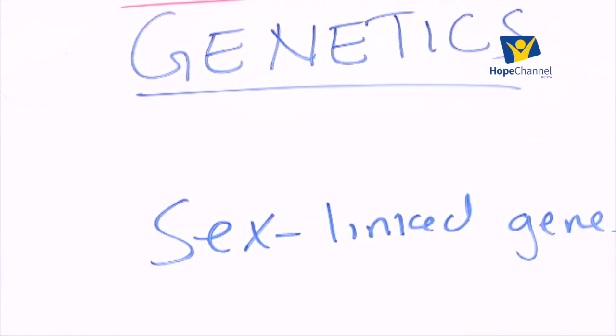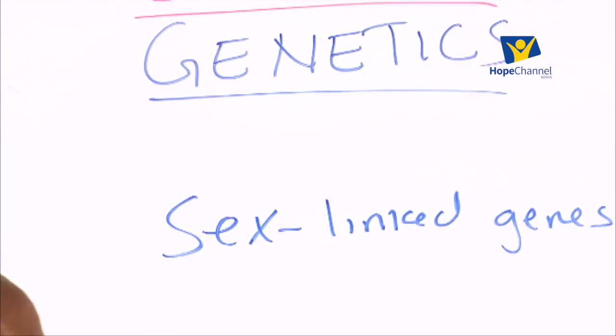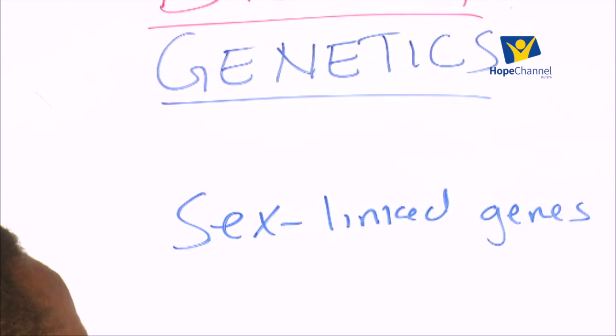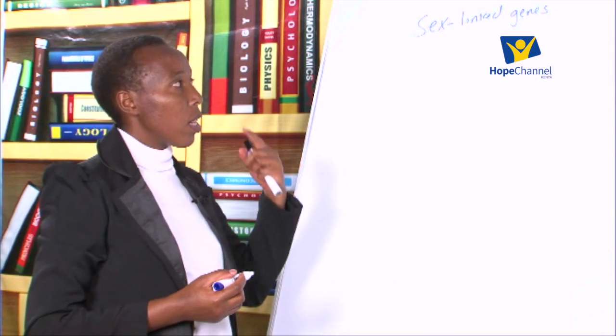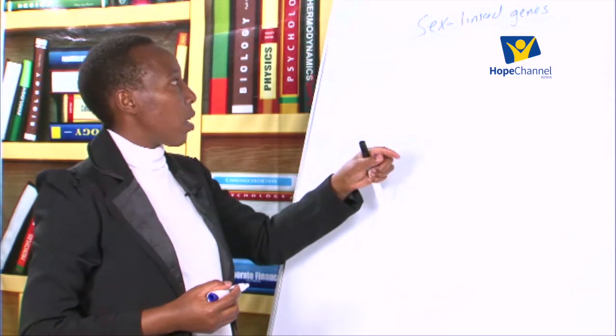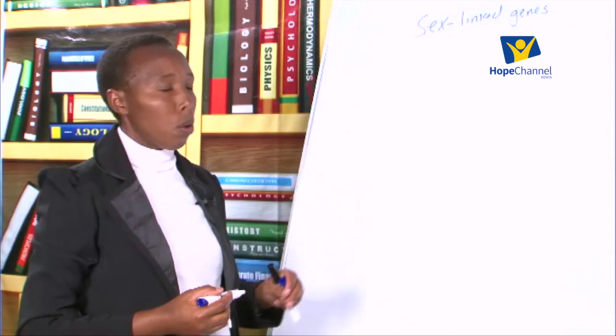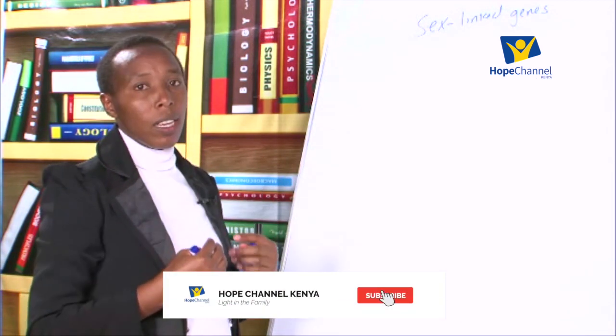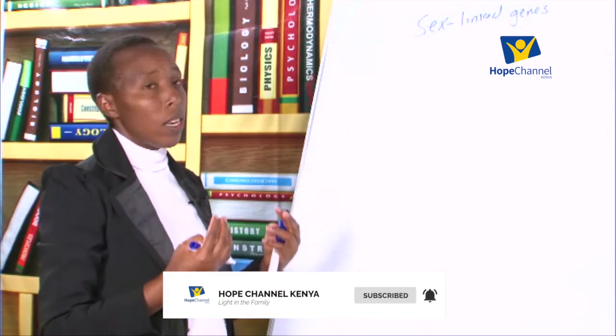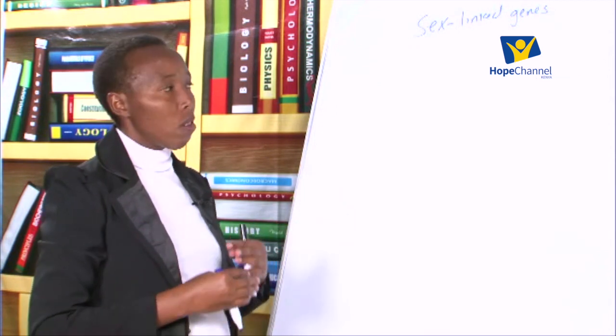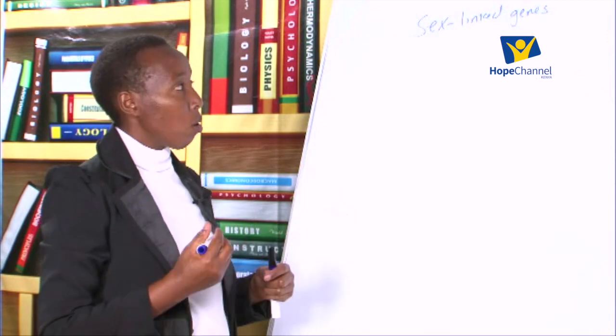We gave examples of sex-linked genes. These are genes that are located on the sex-determining chromosome, and when we inherit those chromosomes, we inherit together with those genes. So the genes do not separate from the chromosome.